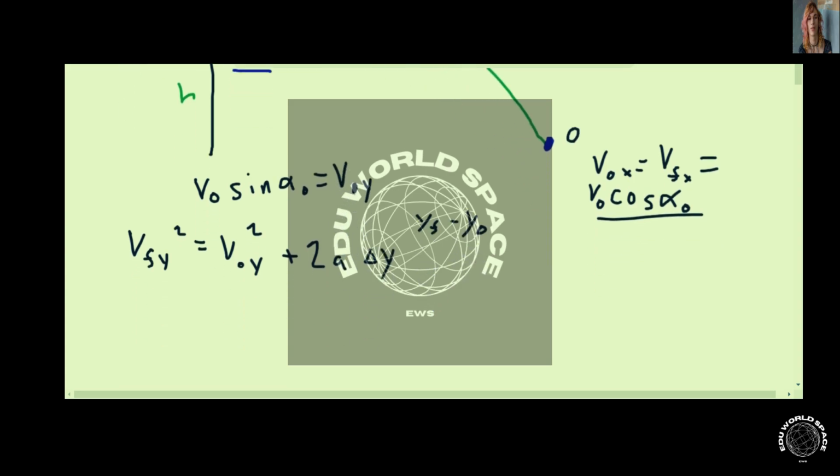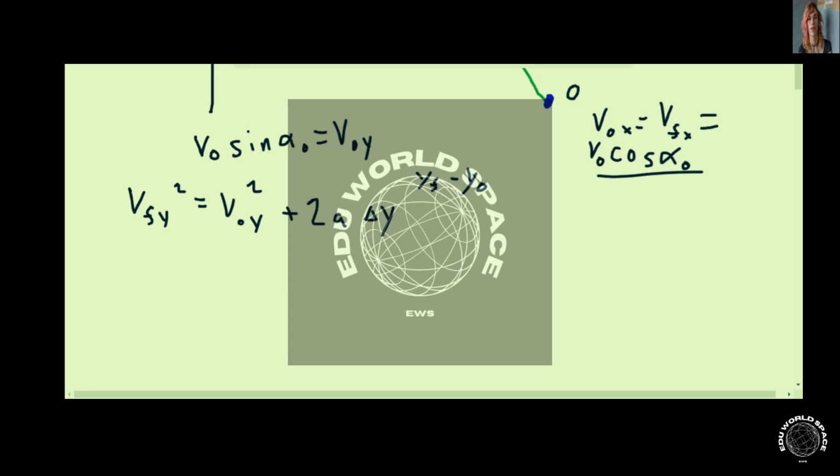So delta y is actually going to be negative h. Acceleration is the acceleration due to gravity, so we're just going to call that negative g, where g is 9.8 meters per second squared. And we can solve for everything else.